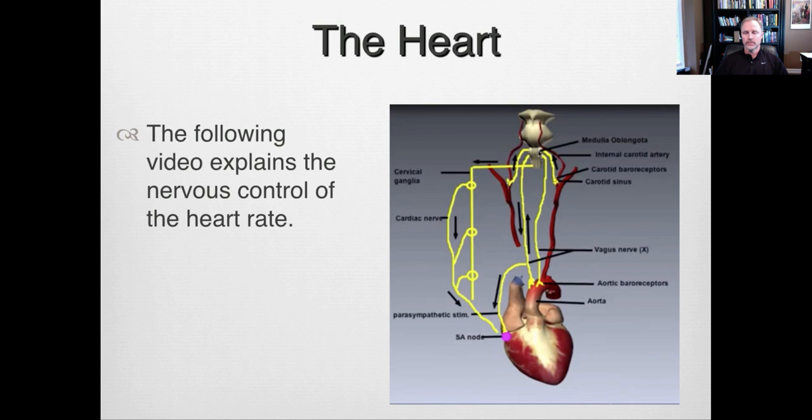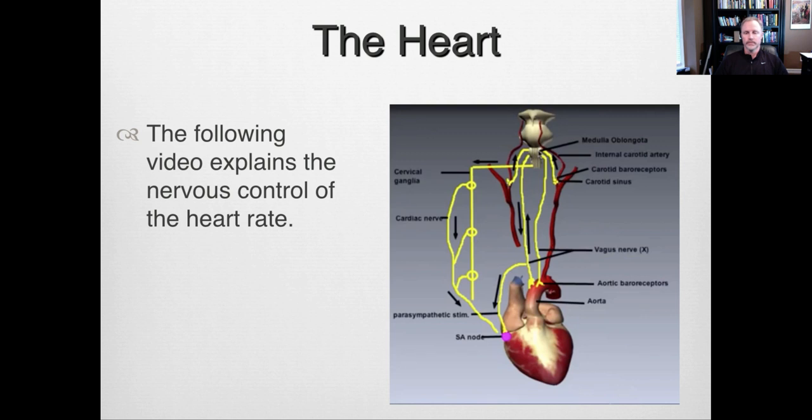If it goes too high or too low, the cardiac control center has to send an efferent signal, or a correction signal, down to the heart to increase or decrease the blood pressure and bring it back under homeostatic control.